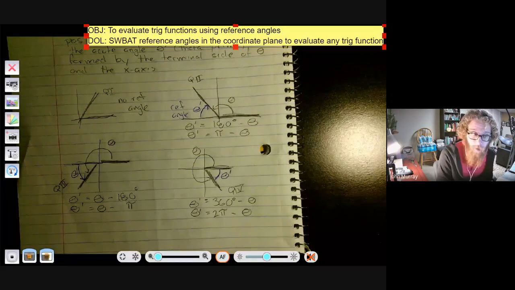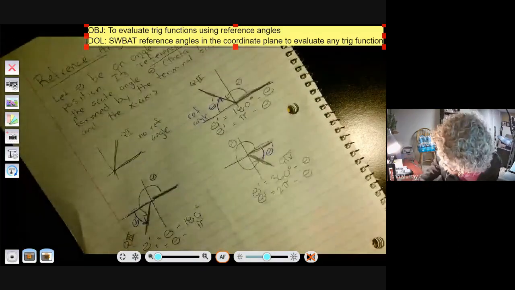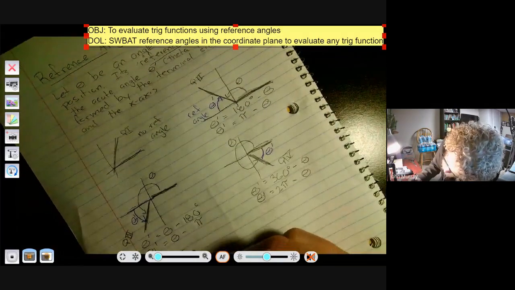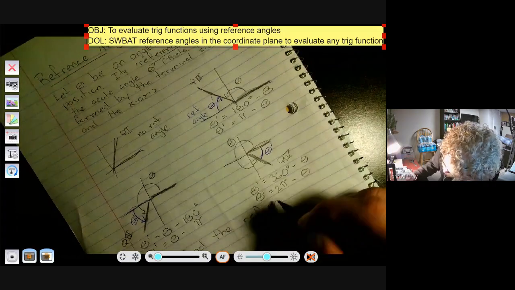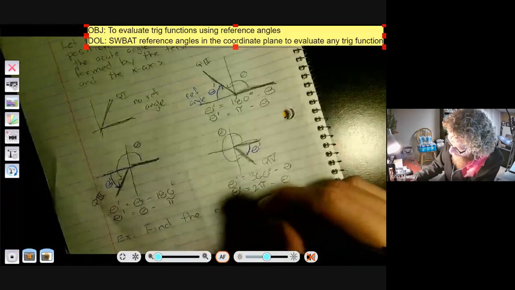Any questions so far before we get into some examples? I'm always spelling reference wrong, so if you just see it.